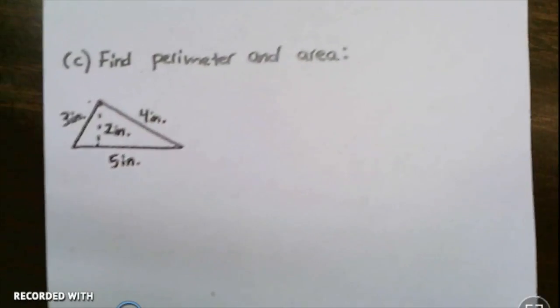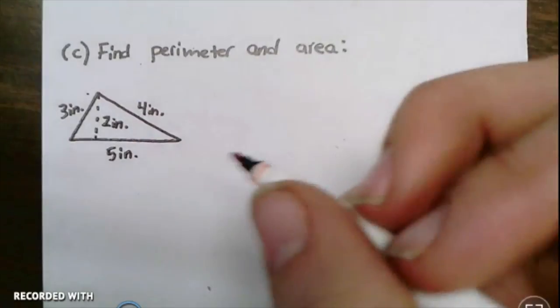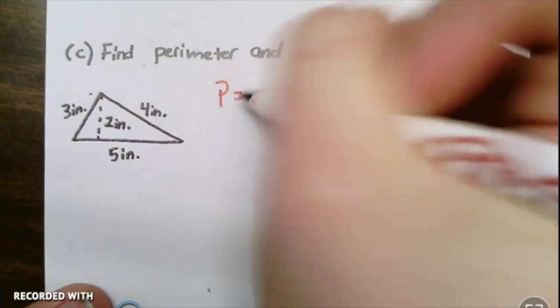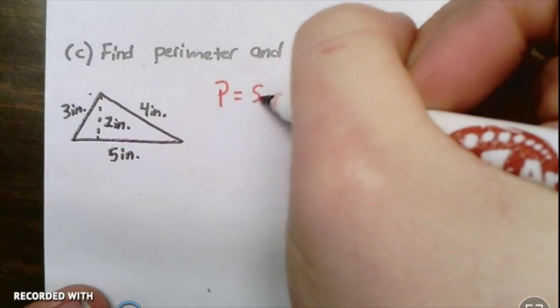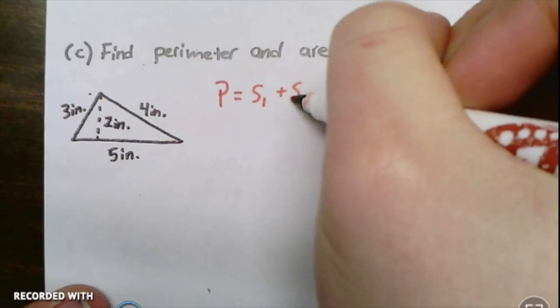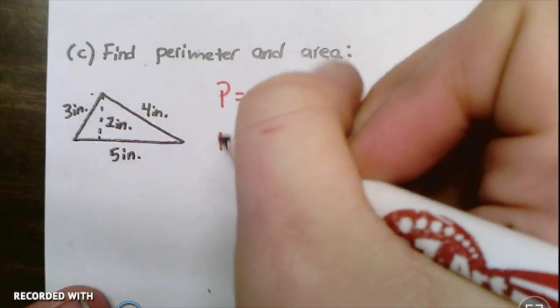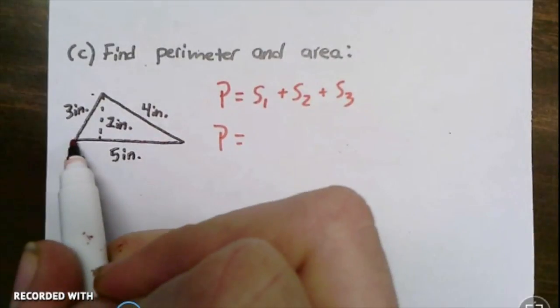All right, here's our last one for today. We've got find perimeter and area, and I have a triangle. For perimeter, the perimeter of a triangle is side 1 plus side 2 plus side 3. So the perimeter equals, where are the sides to this triangle?